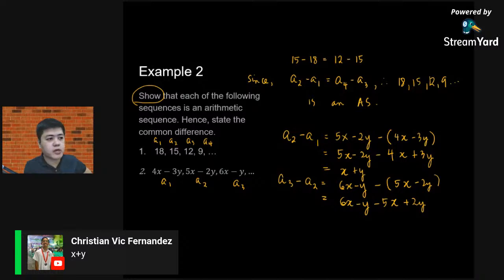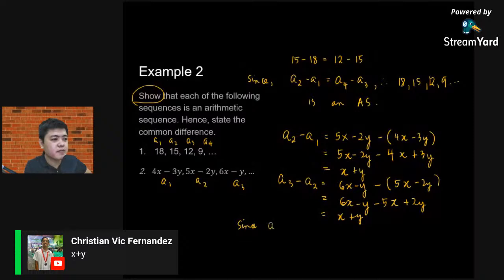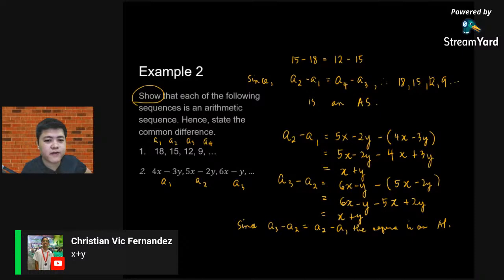So it will become 6x minus 5x, that's x, and then minus y plus 2y, that's plus y. So since A sub 3 minus A sub 2 is equal to A sub 2 minus A sub 1, the sequence is an arithmetic progression. Okay, very good.